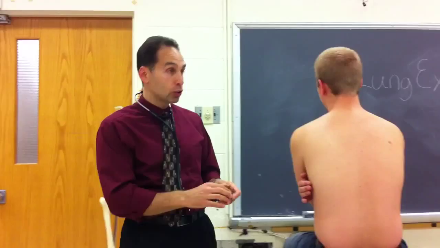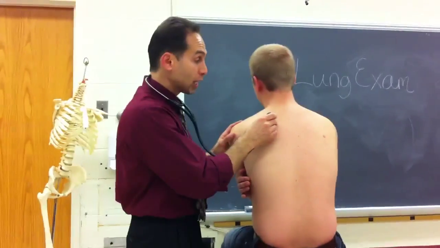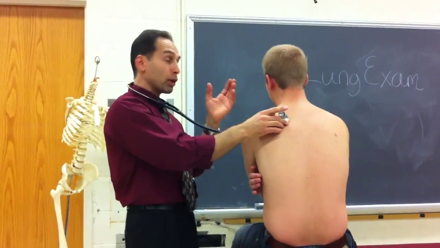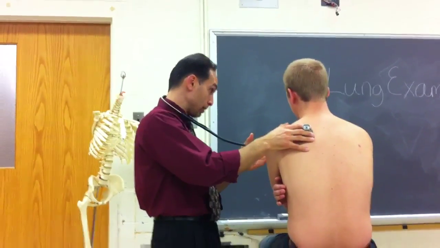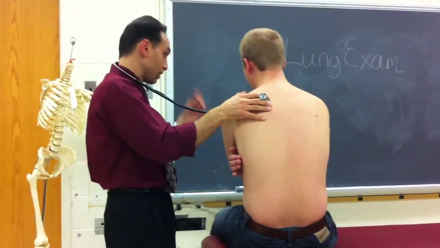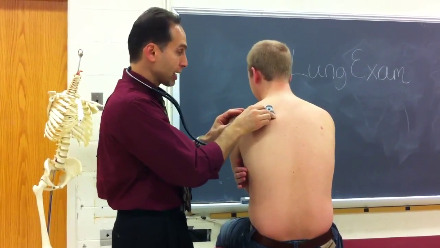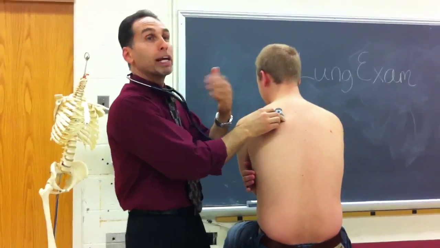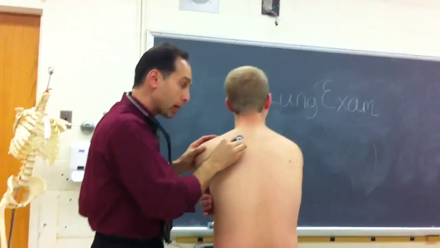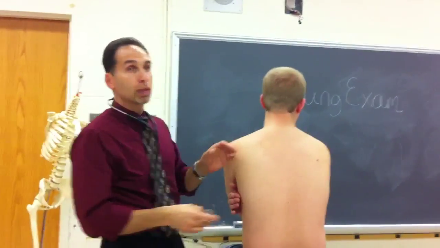And then what I could also do as part of the transmitted voice sounds, again comparing good with bad, is have you whisper. Just like that. He would whisper, so you can whisper baseball, or whatever you want the person to whisper. And they would compare bad with good, the same thing.